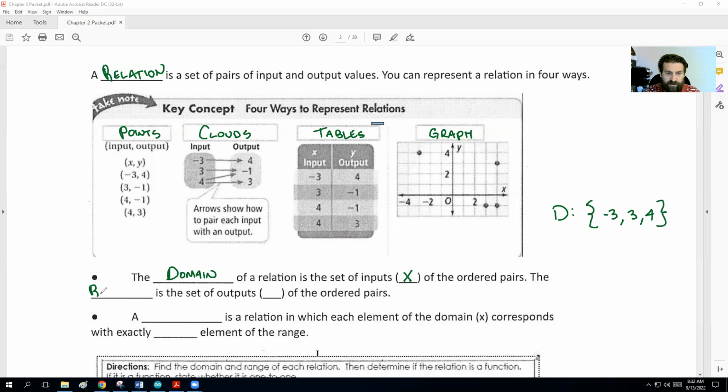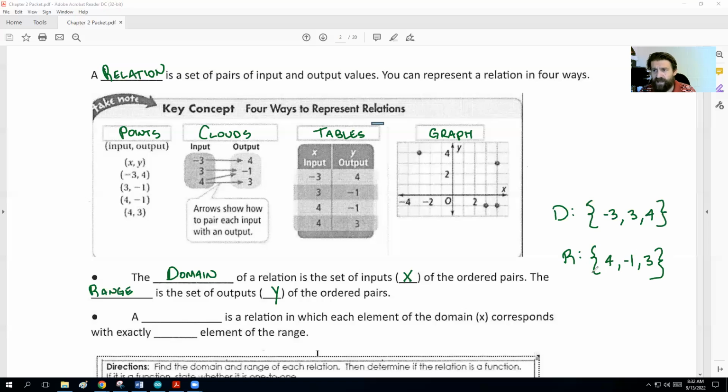The range is all the outputs, or the Y's in the ordered pairs. So the range here would be 4, -1, and 3.